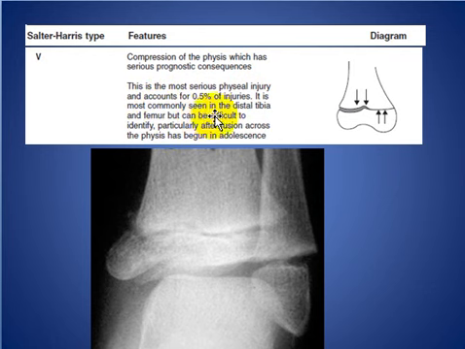It is most commonly seen in the distal tibia and femur, but can be difficult to identify, particularly after fusion across the physis has begun in adolescence. As we see here, the compression of the epiphyseal plate and the epiphysis.